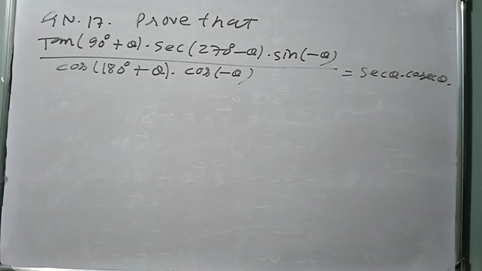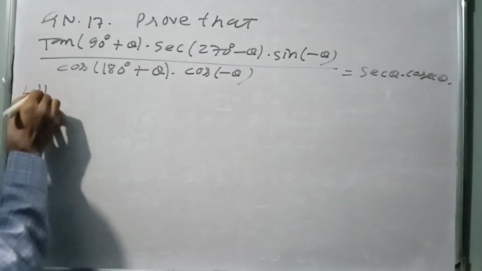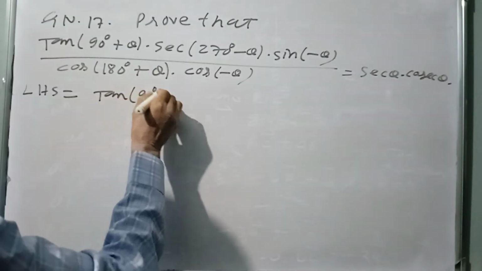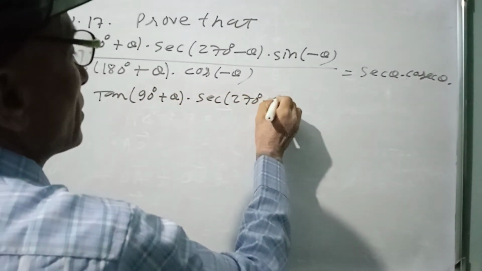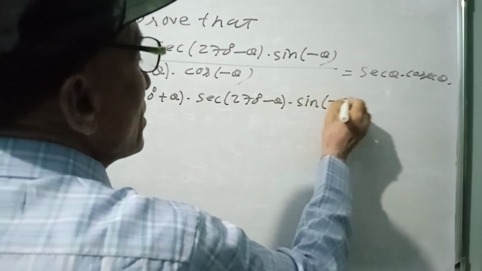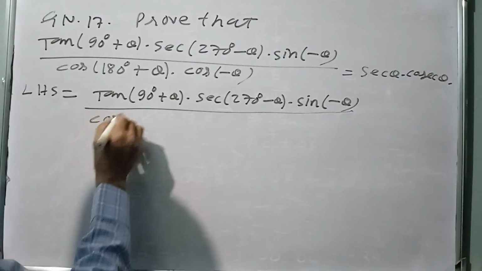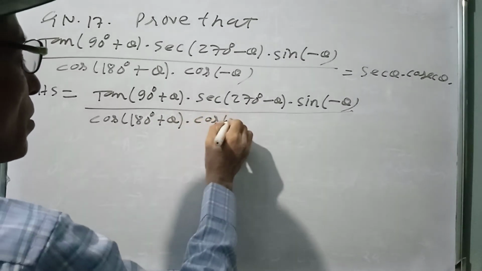Tan 90 degree plus theta into sec 270 degree minus theta into sin minus theta upon cos 180 degree plus theta into cos minus theta equals sec theta into cosec theta. Left hand side, write down the question. This is the rule: tan 90 degree plus theta into sec 270 degree minus theta into sin minus theta upon cos 180 degree plus theta into cos minus theta.